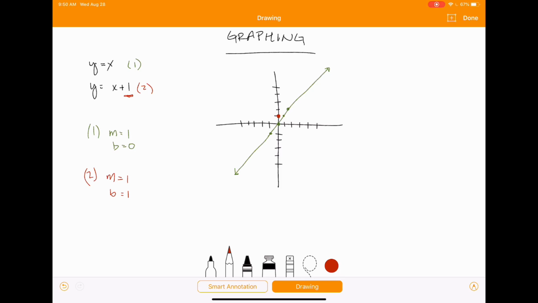So again, we'll have plus 1 as our y-intercept, and then we're going to go down 1 over 1, up 1 over 1, and so on.